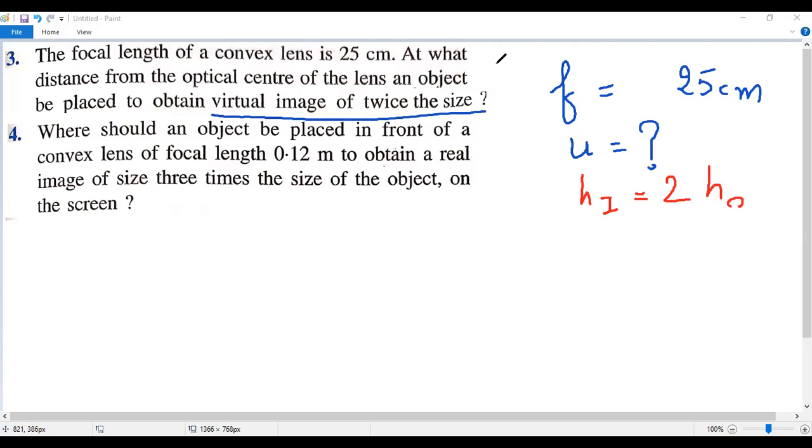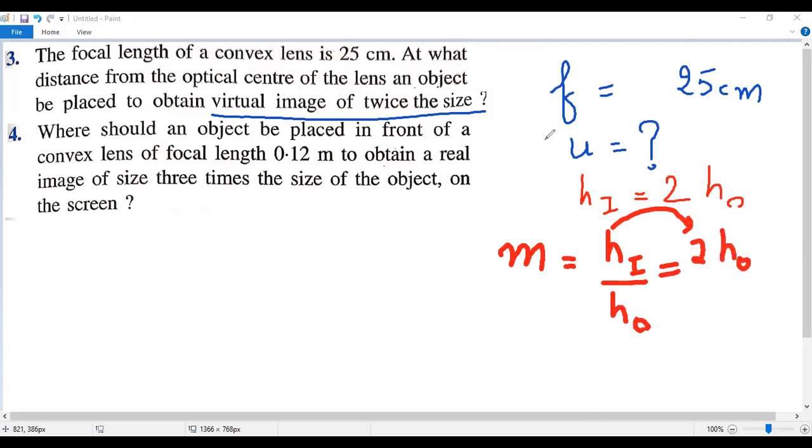So how to write down further? Let us find magnification. The formula of magnification is height of image divided by height of object. And height of image can be written as twice of height of object divided by height of object. This cancels out and m comes out to be 2. Students, since the image formed was virtual, I will take it as simply 2 or plus 2.